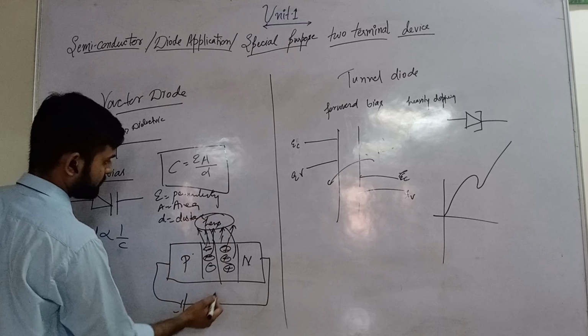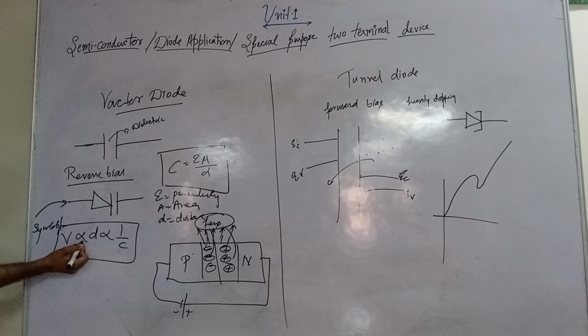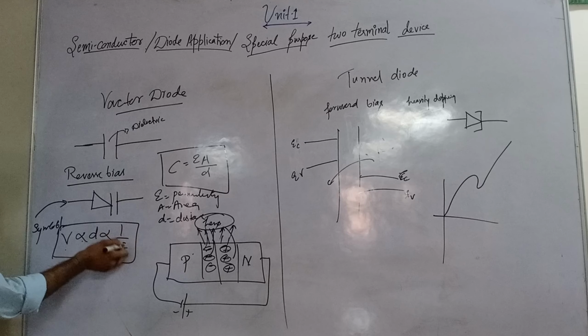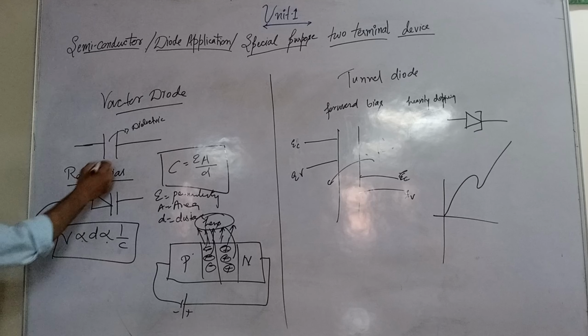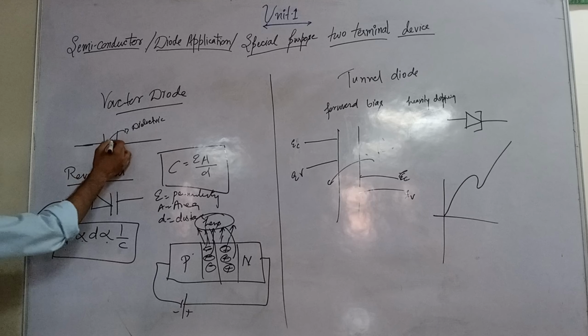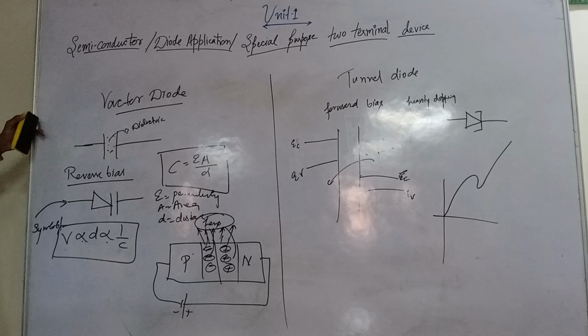This is the symbol of the varactor diode. The formula is basically V directly proportional to D, and D inversely proportional to 1 upon C of the capacitor. This is the hollow space, the dielectric. This is the overall varactor diode.